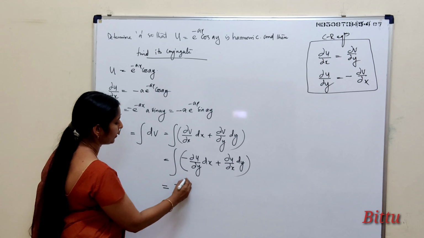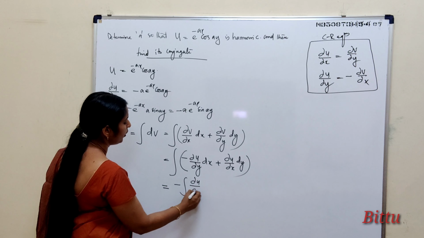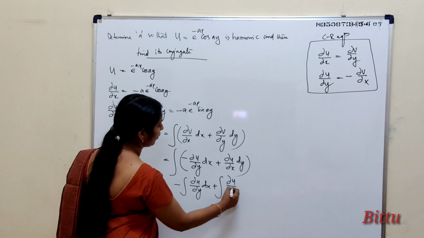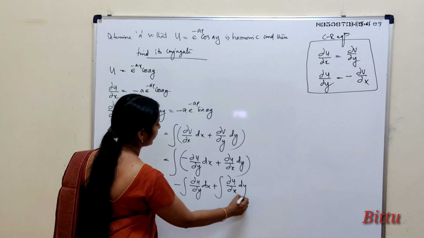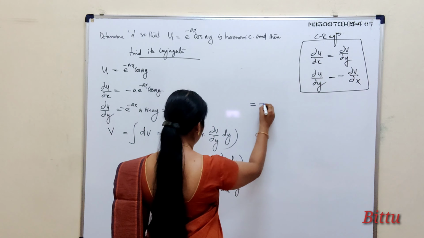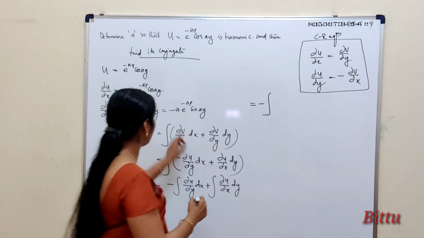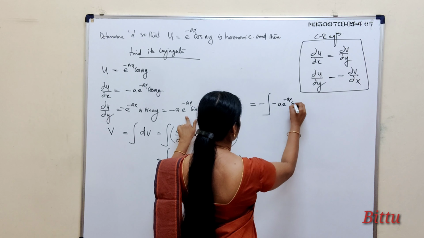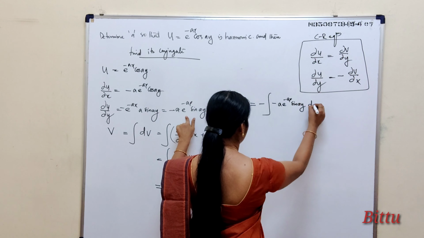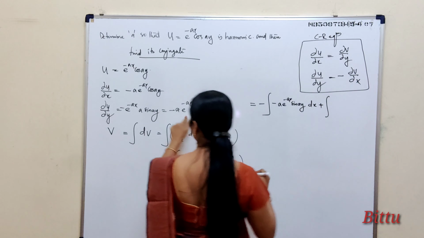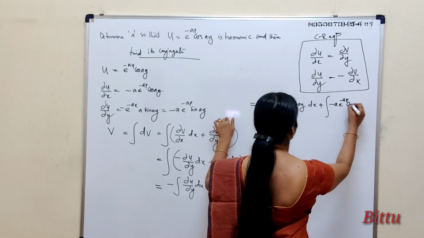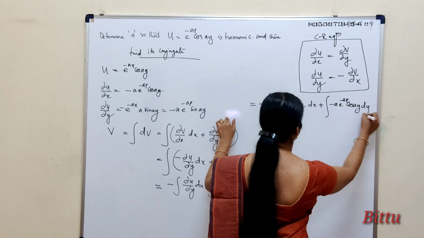That is minus integral, you split the integral, dou u by dou y into dx plus integral dou u by dou x into dy. Is equal to minus integral, what is dou u by dou y? It is minus a e raised to minus ax sin ay dx plus integral dou u by dou x is minus a e raised to minus ax cos ay dy.